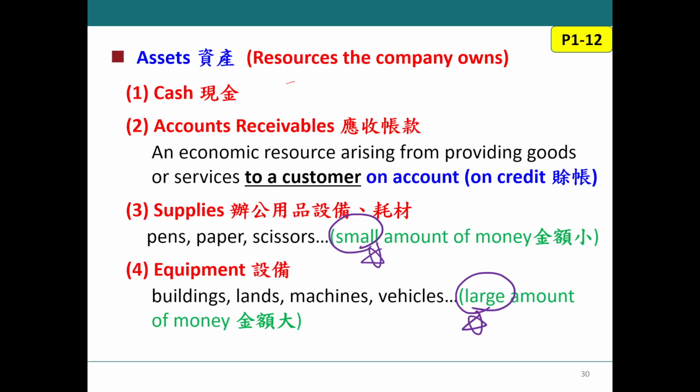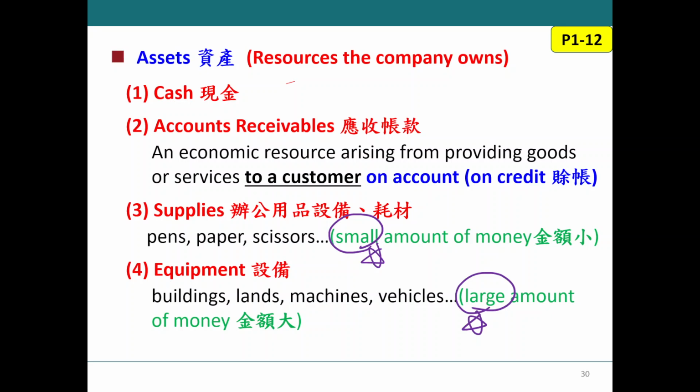Okay. For our school, we use the amount NT dollars $10,000. If you buy a printer, do you know the printer? 印表机? If you buy a printer with money above $10,000, our school will define it as equipment.